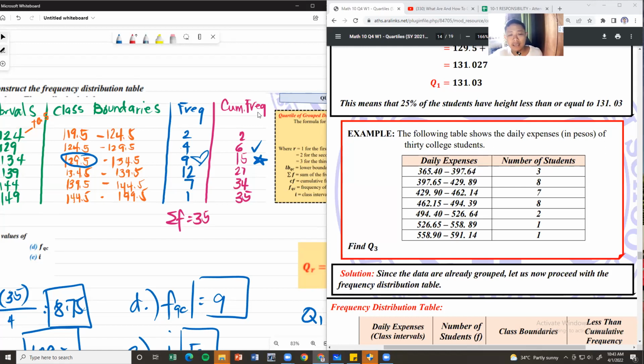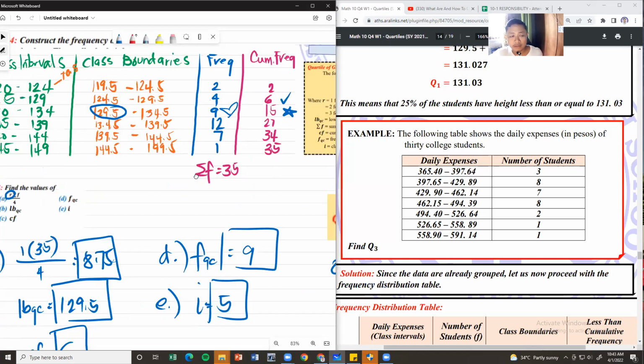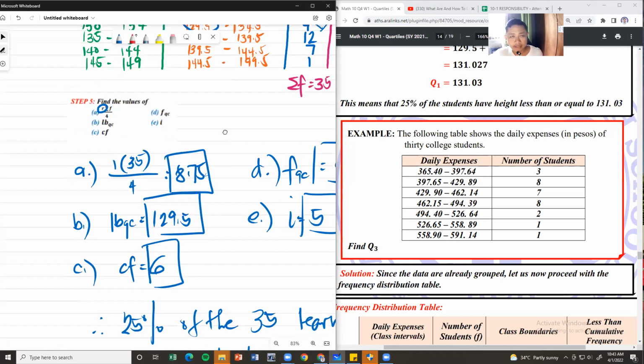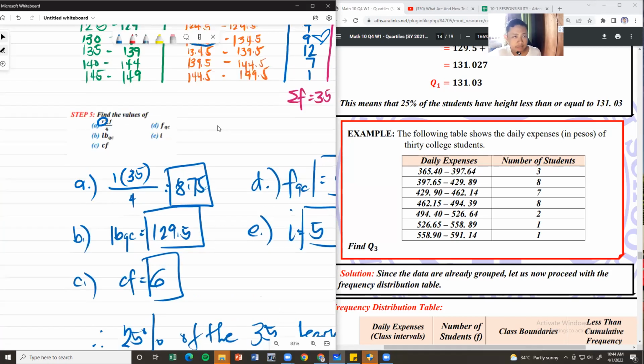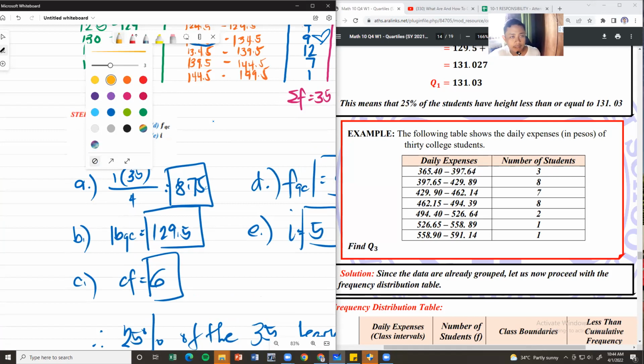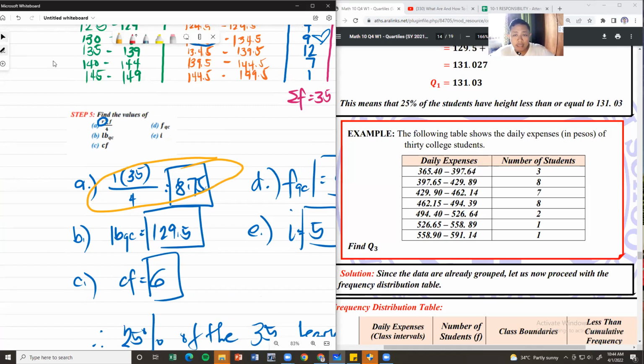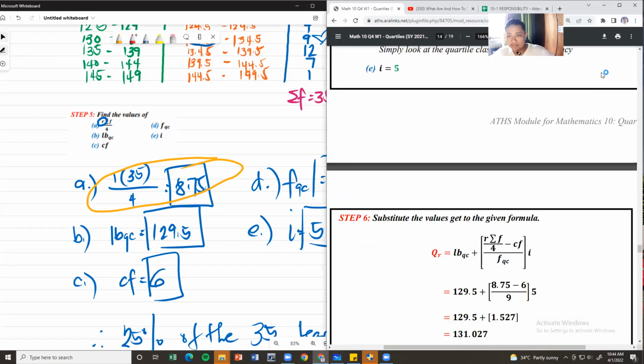Class boundaries, again, tulad nga ng sinabi kanina, after ninyong masolve ito, after ninyong masolve yung inyong letter A, after solving for A, this will help you. Doon po sa given na, sir. What do you mean dun sa given na? Dito ba? Dun sa may automatic?